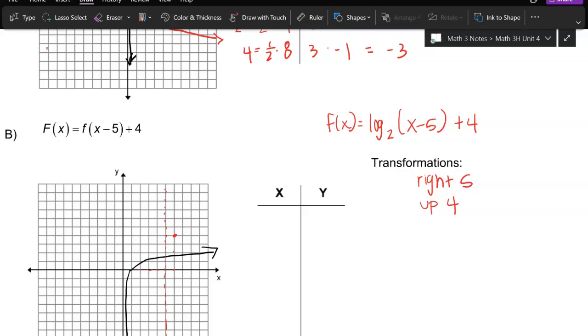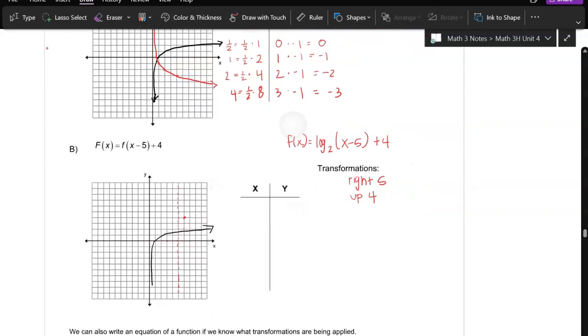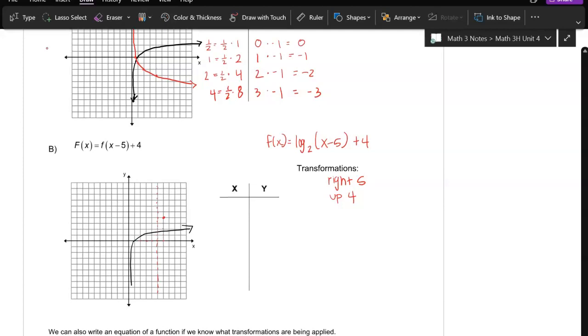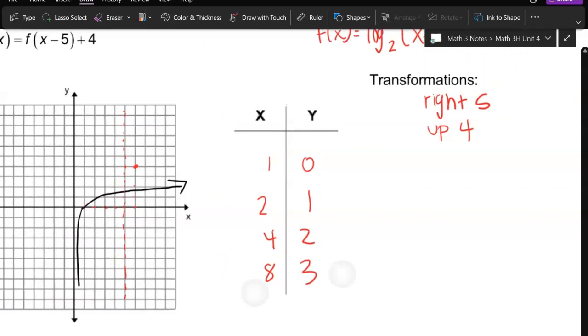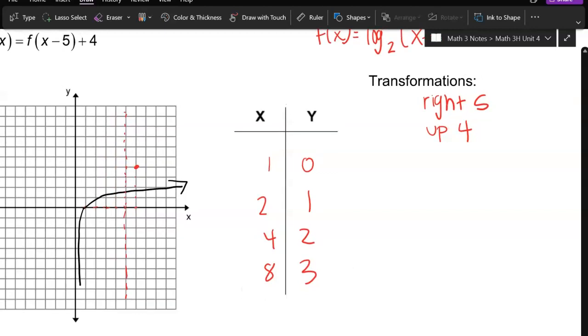All right, let's look at our points. So remember, we'll use those same points here. 1, 0, 2, 1, 4, 2, and 8, 3, and we'll just shift those points. Now we might not get these other points here because they might not be on the graph.